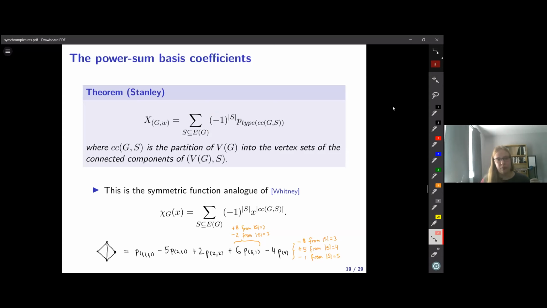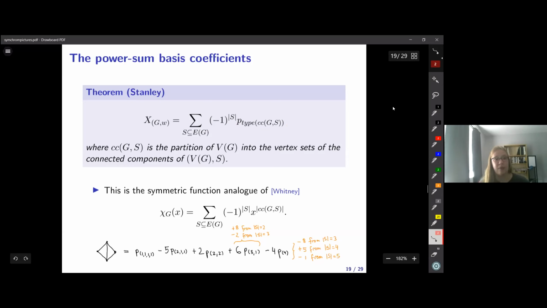Well, you contract each connected component of the graph with just the edges s into a vertex, and the weight of that vertex is just the sum of the weights of the vertices in the connected component. So for this set S, by looking at connected components in the graph with just those edges and summing their weights, you know exactly which p lambda you will get here.